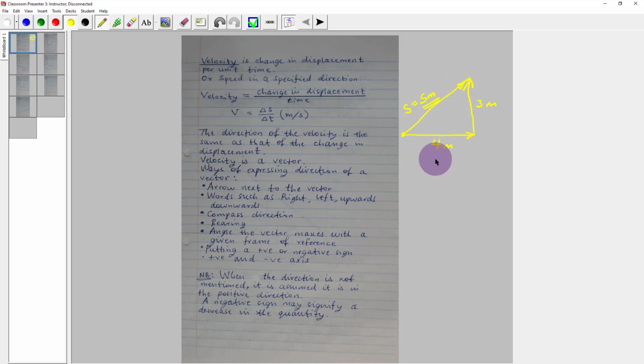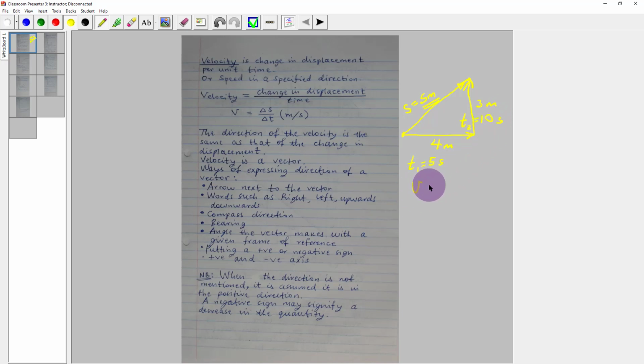So this will be the displacement, and the direction of the displacement is this way. If this object takes, for example, 5 seconds to cover 4 meters, and here it may take 10 seconds, now it's moving a little bit slowly, that is T2, then the total time will be 15 seconds.